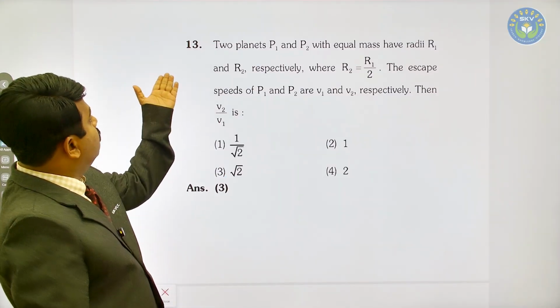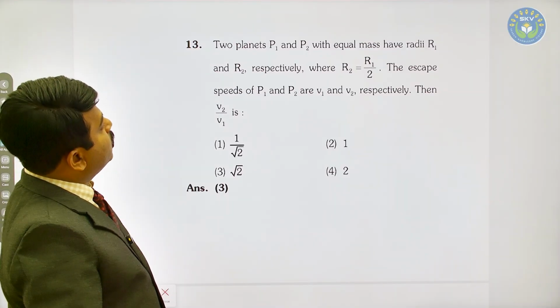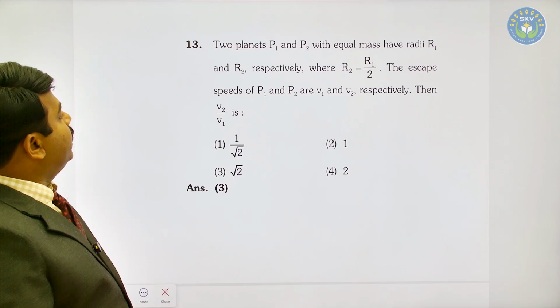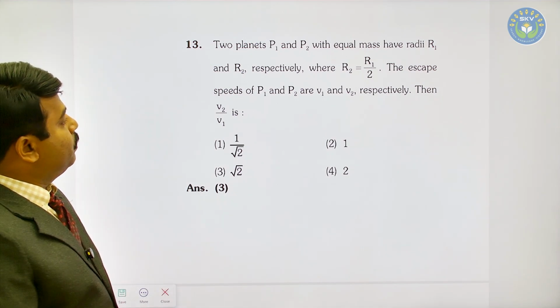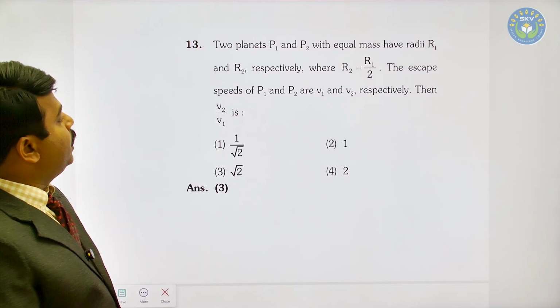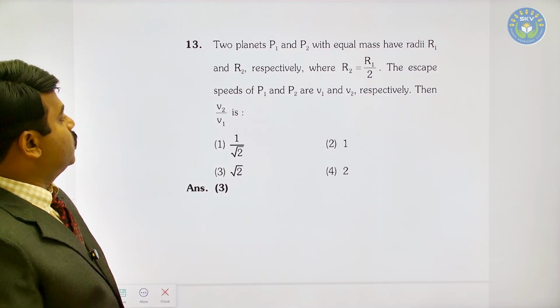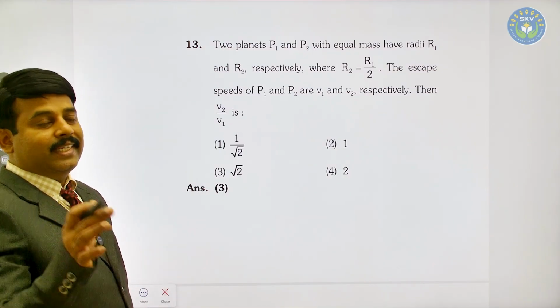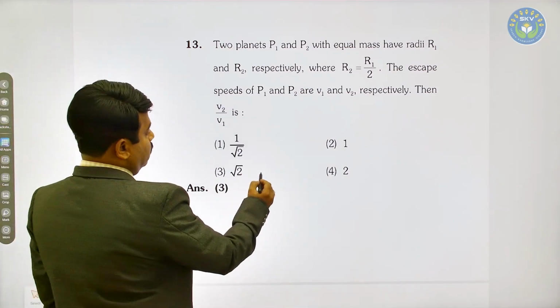Next, two planets P1 and P2 with equal mass have radii R1 and R2 respectively. R2 is given as R1 by 2. Escape speeds of P1 and P2 are V1 and V2 respectively. Then V2 by V1? What is the escape speed we studied?